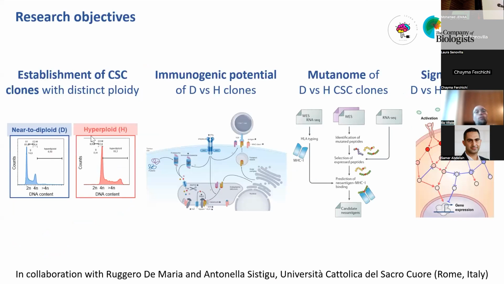So the strategy was to establish clones with different ploidy, analyze the immunogenic potential in vitro and in vivo, and then try to characterize and identify specific SIN-associated targets that can be used for increasing immunogenicity of cancer stem cells and for clinical development.